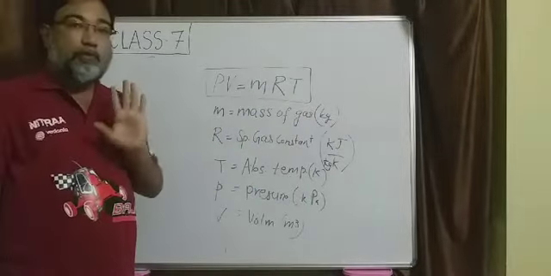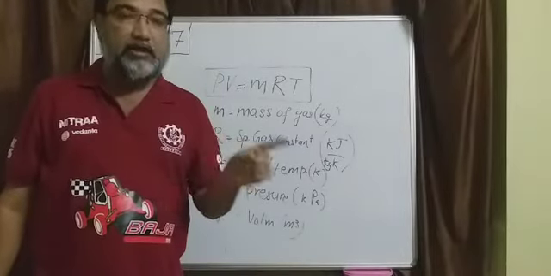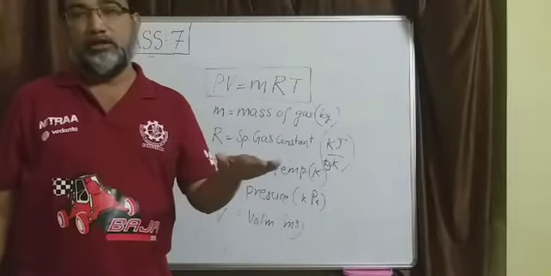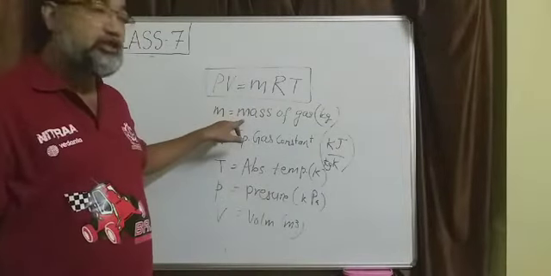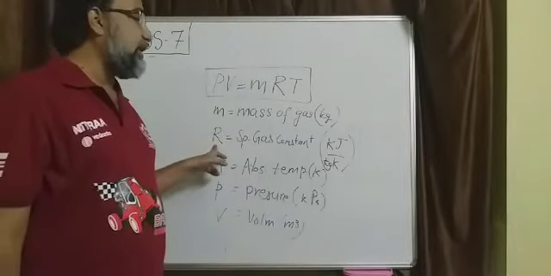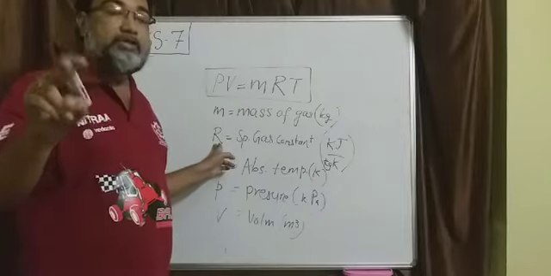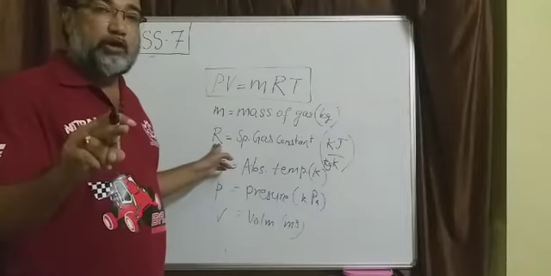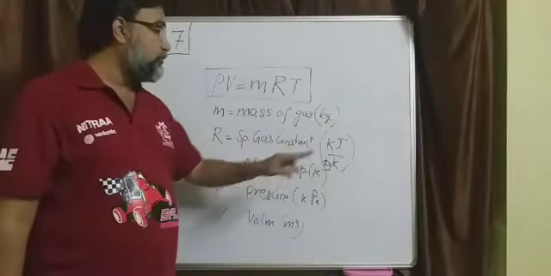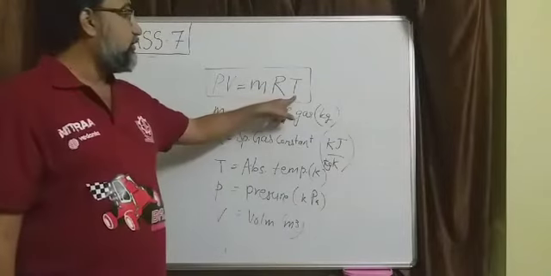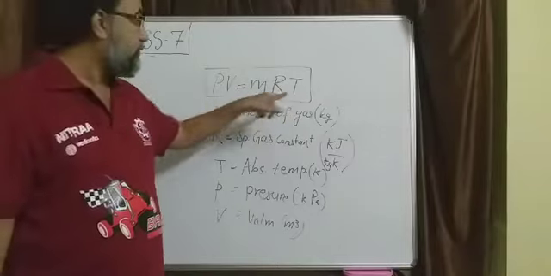Remember this, from today onwards for you the gas equation is not PV equal to nRT, it is PV equal to mRT. Okay, mRT, small m. This m is the mass of the gas expressed in kg. This R is the specific gas constant. This is the universal gas constant that you already know, which has a universal value, divided by the molecular weight of that gas for which you are solving the problem, and the unit will be kilojoules per kg K. T is not the temperature expressed in degree centigrade, it is temperature expressed in Kelvin scale.